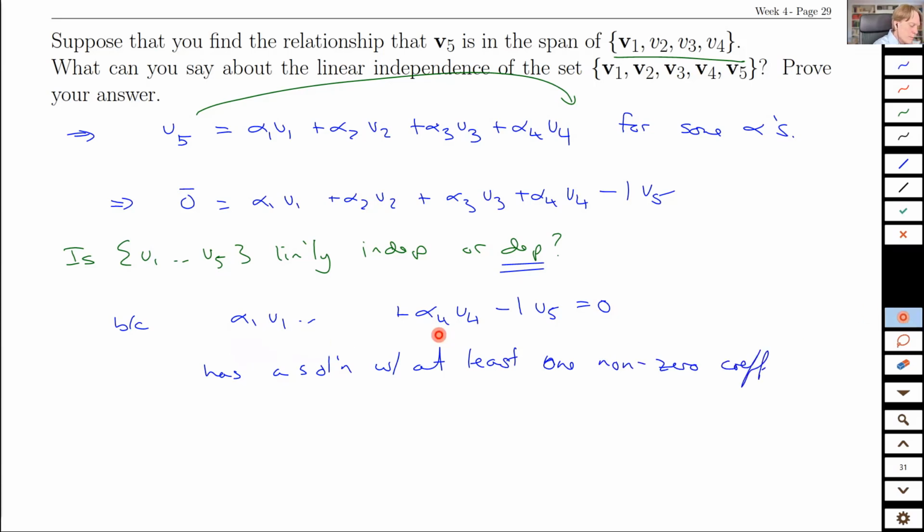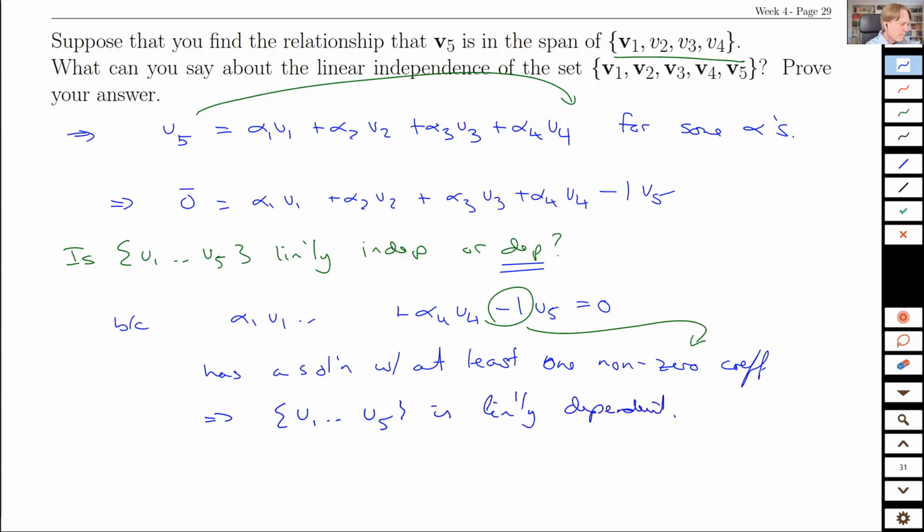I don't know what the alphas are. I don't care, but at least one of these numbers here is a non-zero coefficient. And that means the set V1 through V5 is linearly dependent. All right.